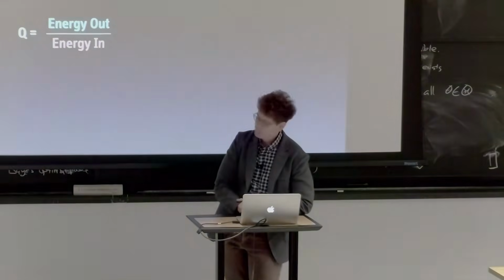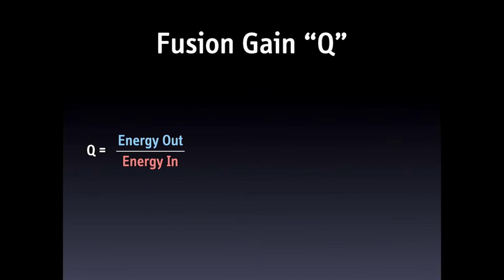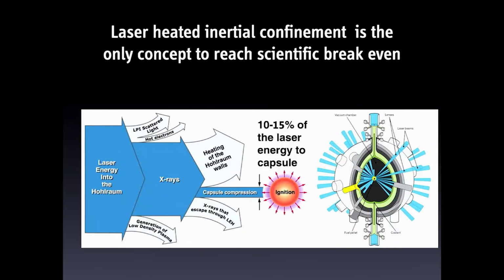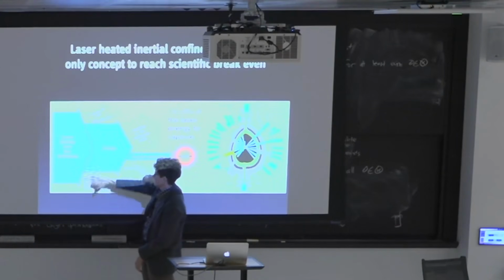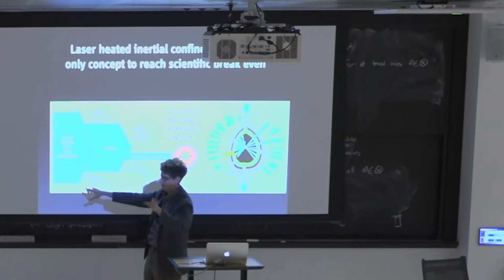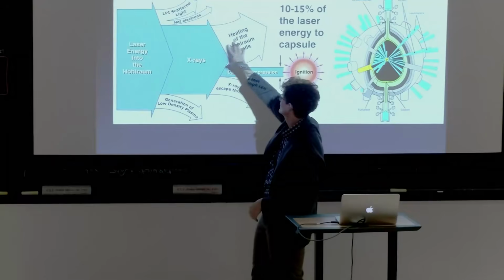I don't really have time to talk about Q. I think I will wrap it up there. Maybe I'll leave it here. This just gives you a sense of what actually happens in the laser version. This is the amount of energy that goes in. Some gets scattered, some causes electrons to bounce off a material from work functions. You get some plasmas, you get some X-rays.